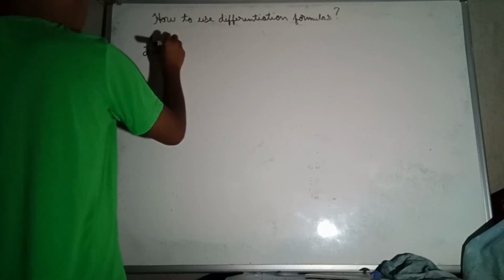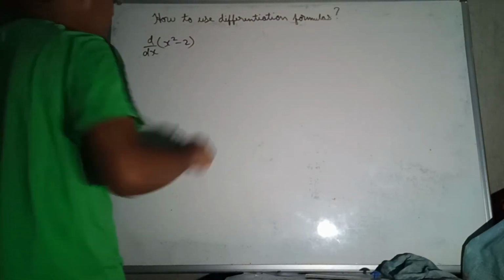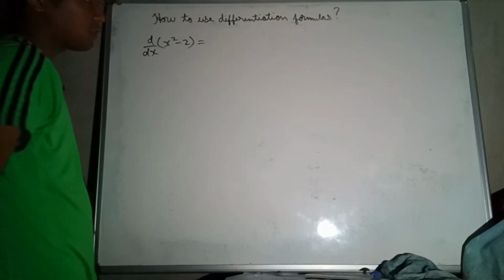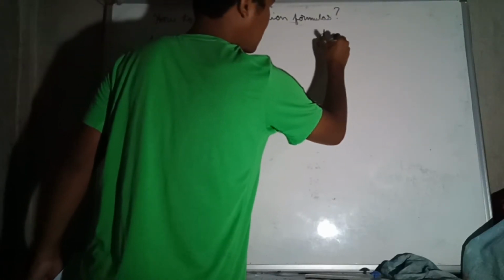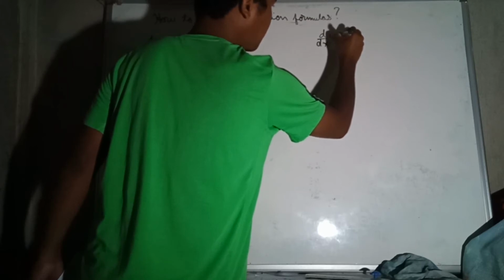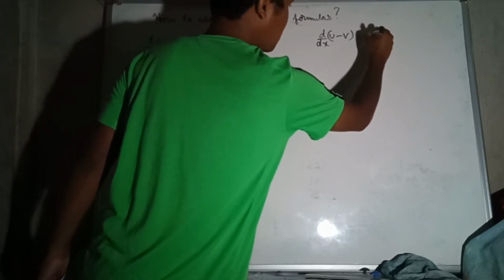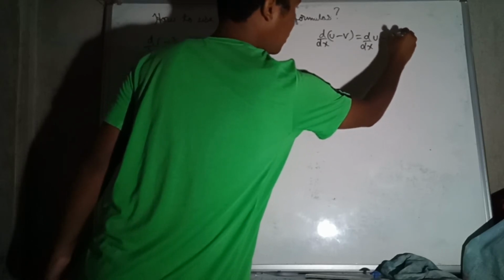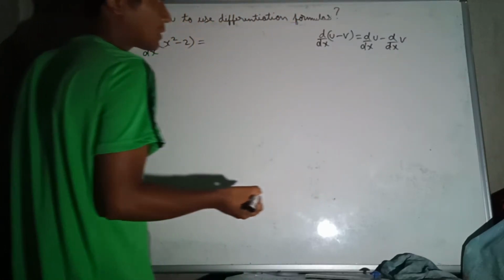Now the d/dx of x squared minus 2. This is equal to d/dx of u minus v formula, which is d/dx of u minus d/dx of v.